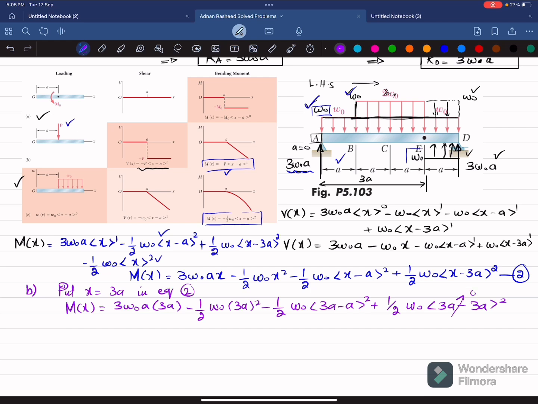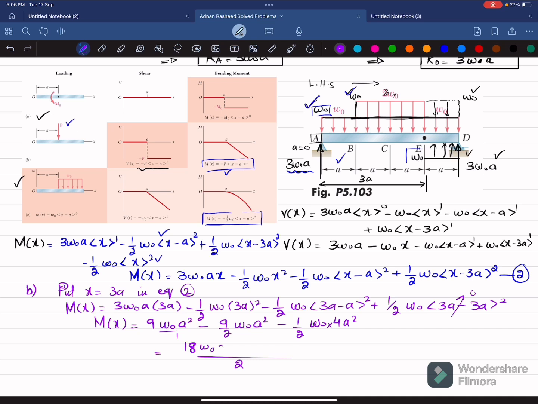So this term will become 0, and we are left with moment M of x equal to 9 w naught a square minus 9 by 2 w naught a square minus 1 over 2 w naught into 2a, since 3a minus a is 2a, so 4a square. If you take the LCM, which is 2, 2 into 9 is 18.